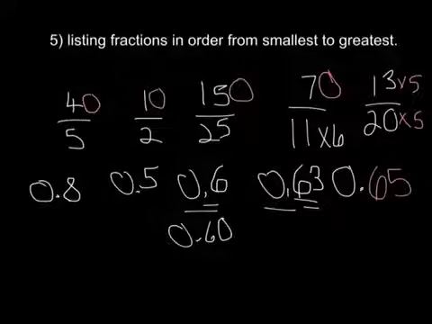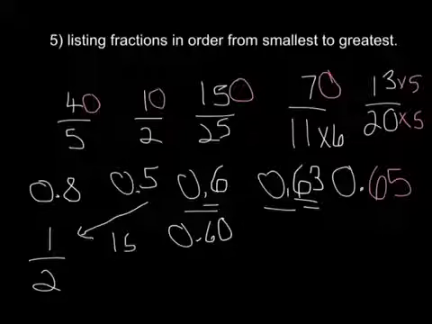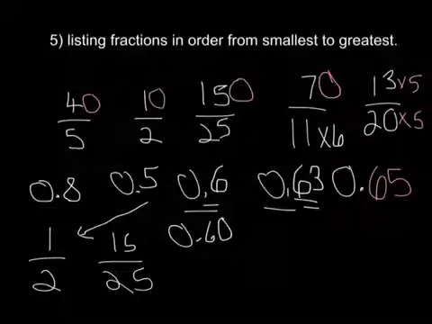All right, now you can put them in order. They're all clearly over half, so half is first, right here. And then we have to deal with all 3 of these. Okay, the lowest one is 0.6, so 15 over 25. Okay, that's done.